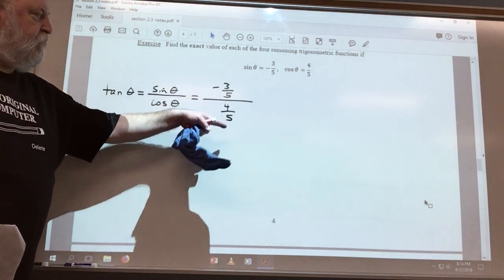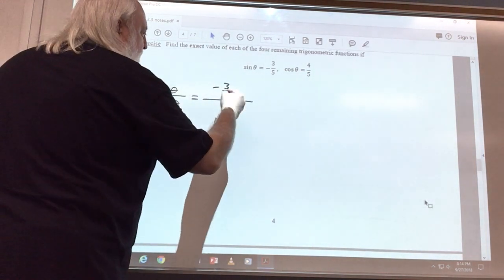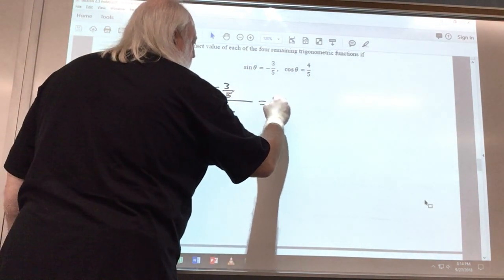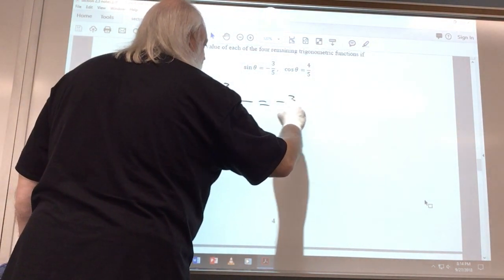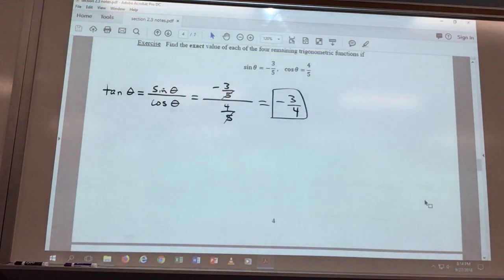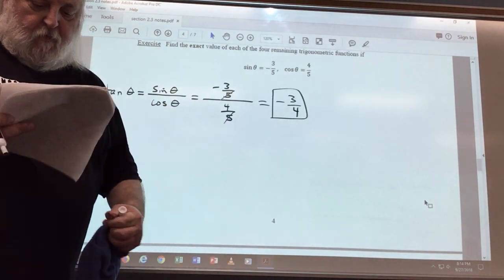And since these two fractions both have 5 as a denominator, when we divide the two fractions, the 5's cancel, and we're left with minus 3/4. So using the identity up above, tangent theta equal to sine theta over cosine theta, we know immediately that tangent theta is equal to minus 3/4.